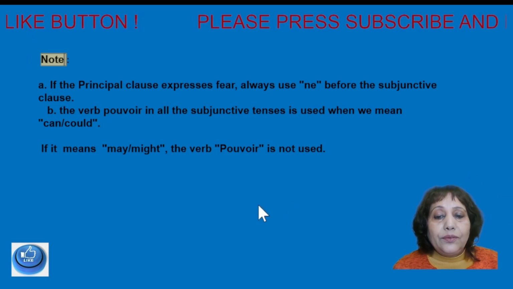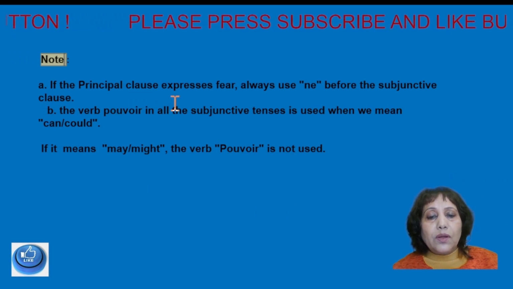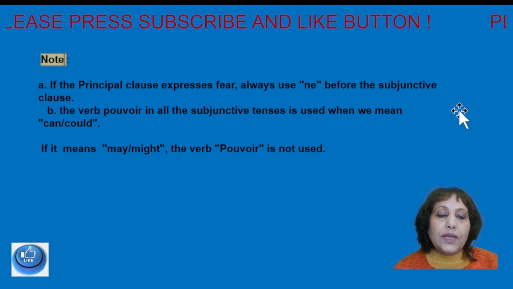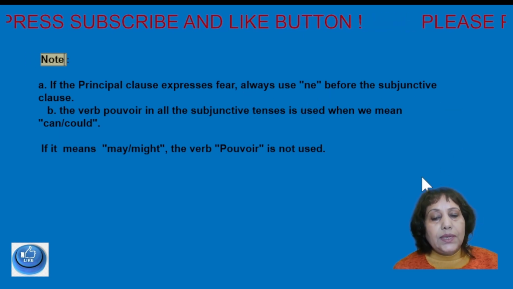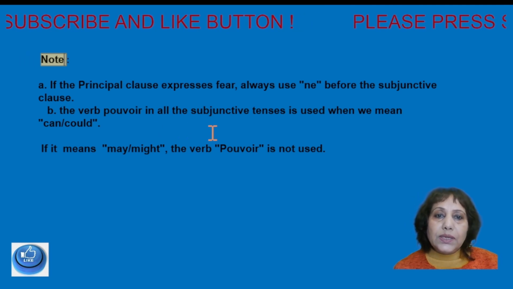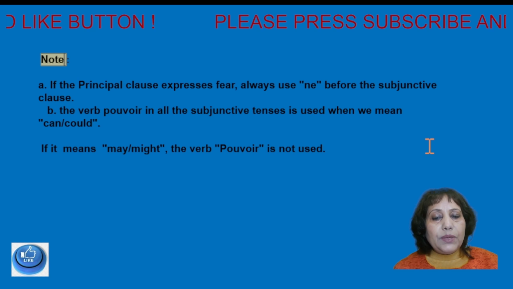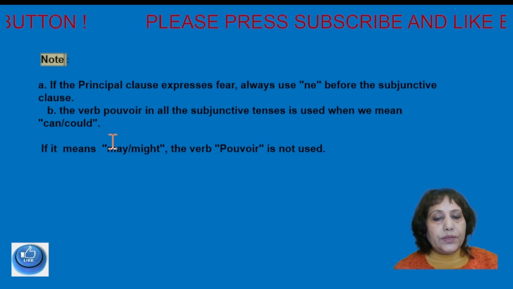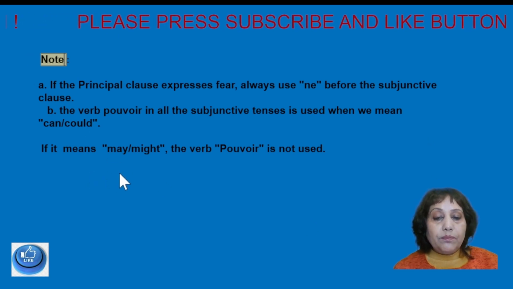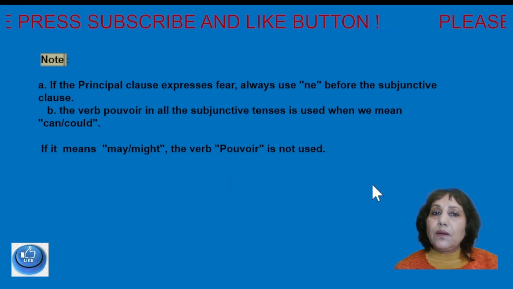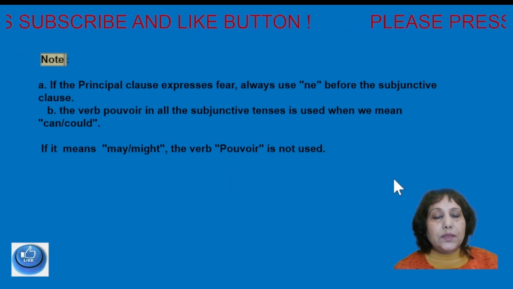Well, note, if the principal clause expresses fear, always use ne before the subjunctive clause. The verb pouvoir in all the subjunctive tenses is used when we mean can or could. If we mean may or might, the verb pouvoir is not used in subjunctive.